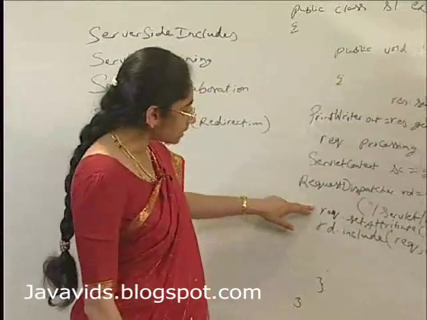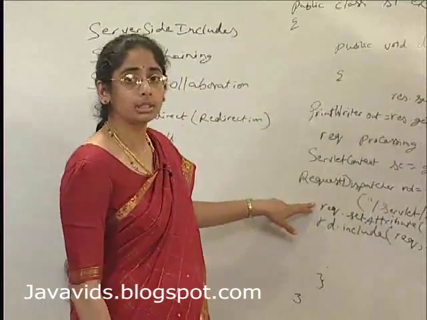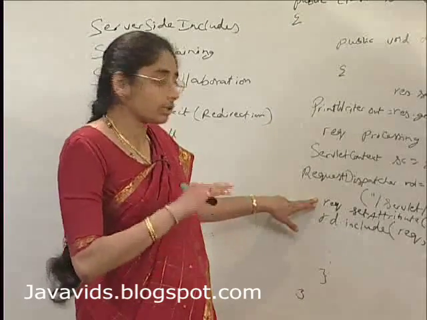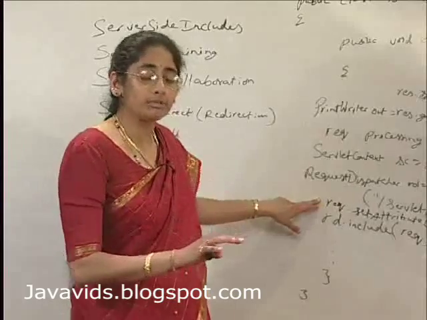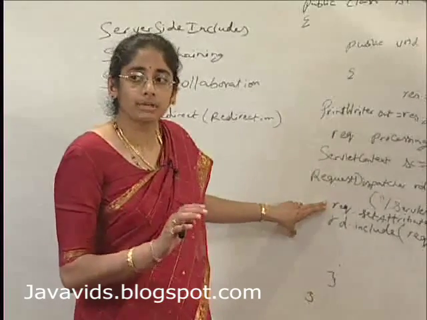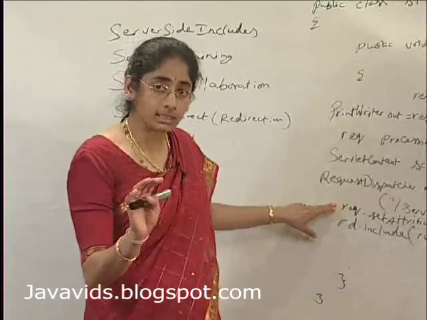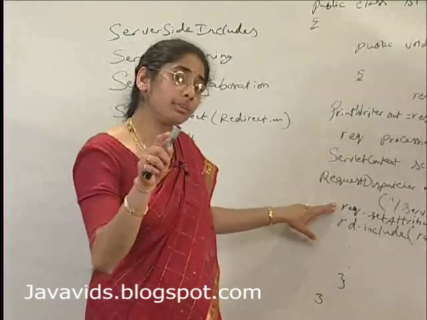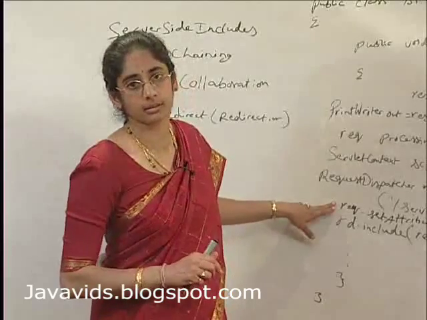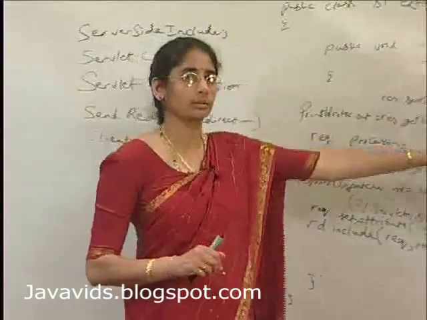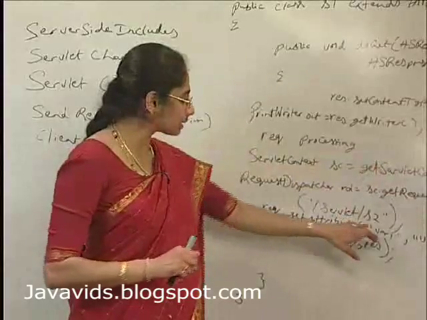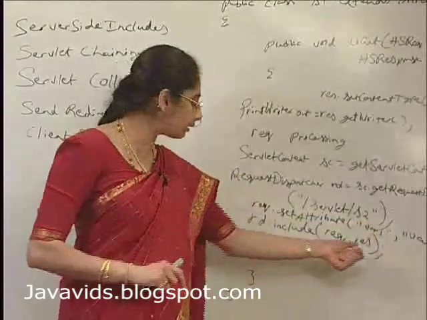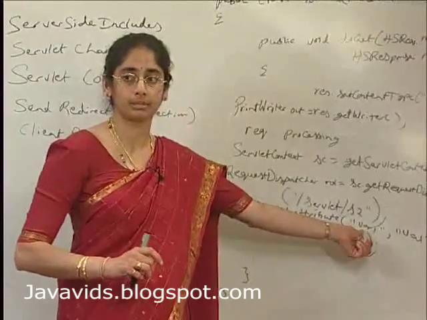So by calling setAttribute on the request object, what you are doing is placing some information which any page can access for that particular client within that particular request that the client has made. So if I have multiple includes down the line, suppose S2 also has some include, in that included file also I can access this particular variable.